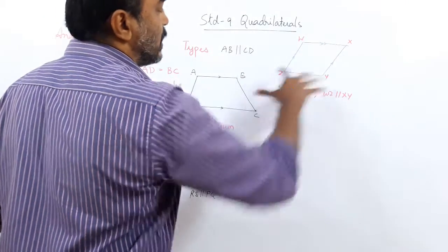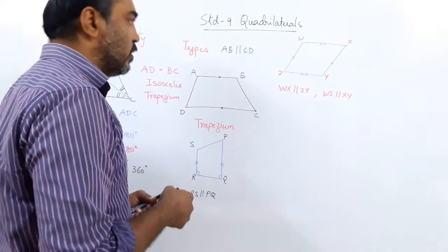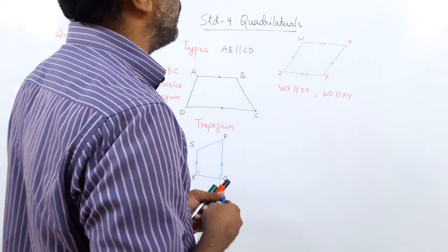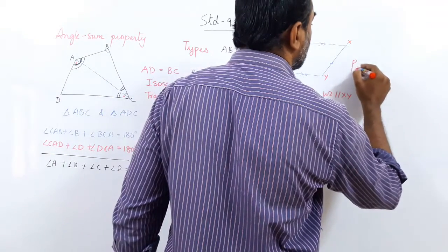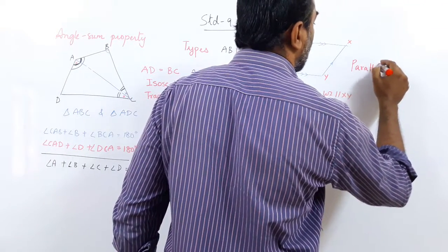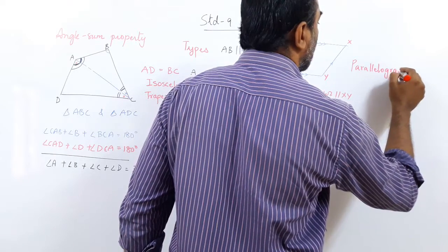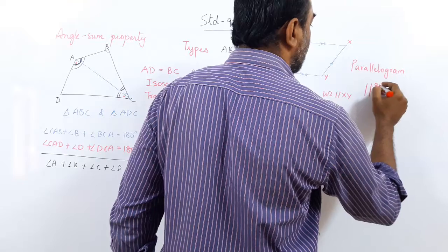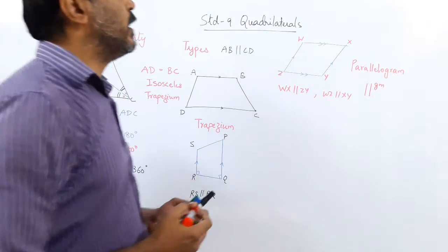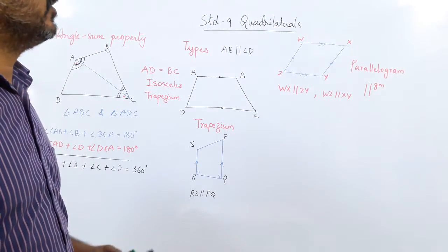These two opposite sides are parallel and this pair is also parallel. When both pairs of opposite sides are parallel, you will call this a parallelogram. In some books you will write the short form parallelogram as a parallel and GM. Okay, these are the words used.